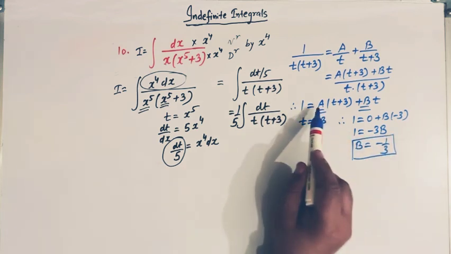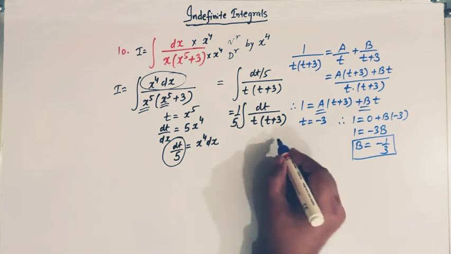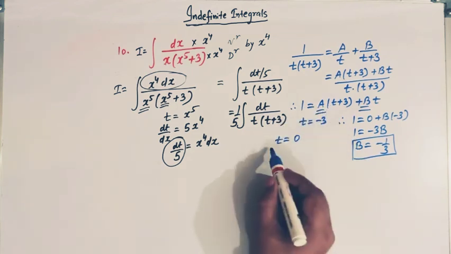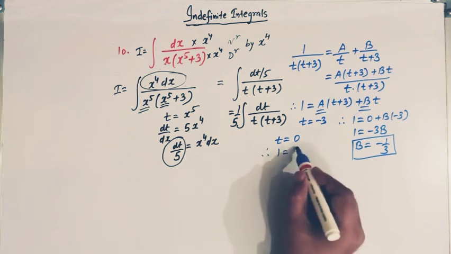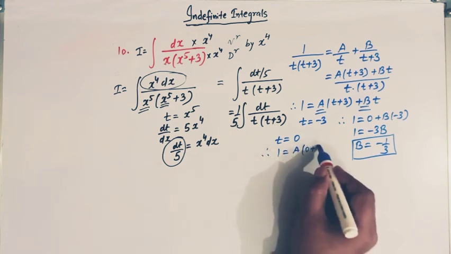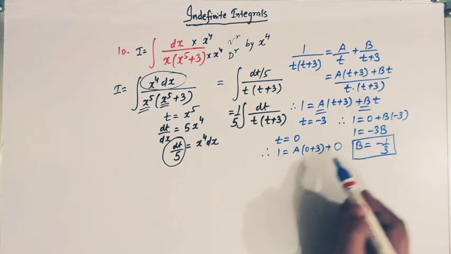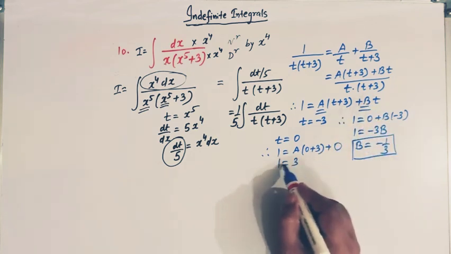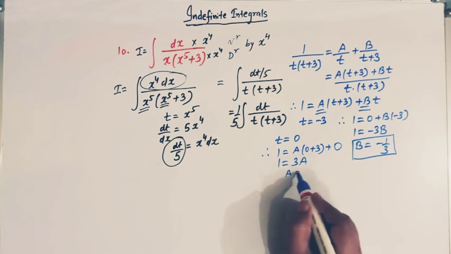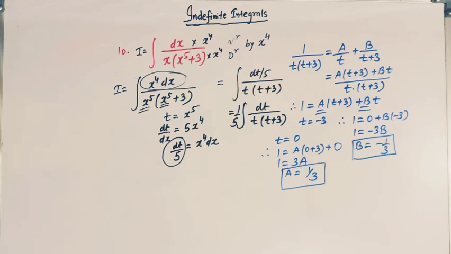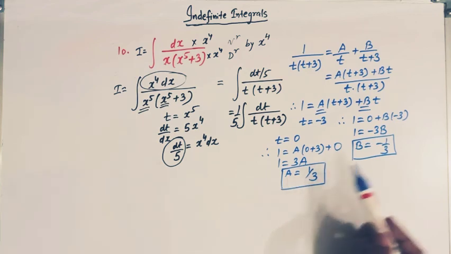Now to get the value of a, let us substitute t is equal to 0. So this expression becomes 1 is equal to a times 0 plus 3 plus this term becomes 0, and we have 1 is equal to 3a. So a is equal to 1 over 3, right? So we have obtained the values of a and b.